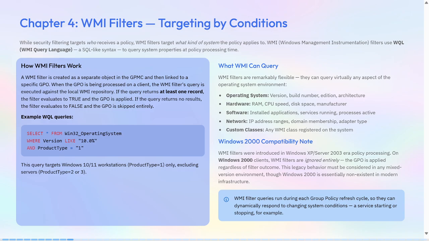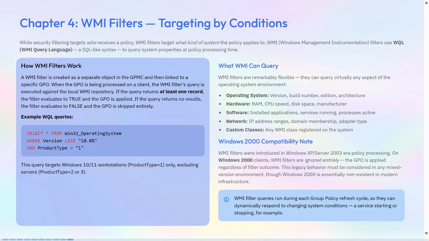So here, WMI filters target by conditions. While security filtering targets who receives a policy, WMI filters target what kind of system the policy applies to.